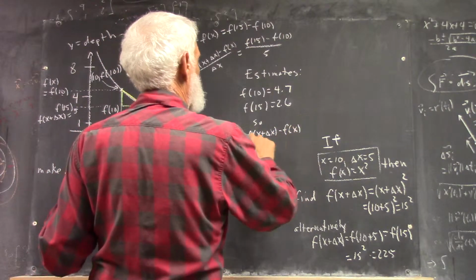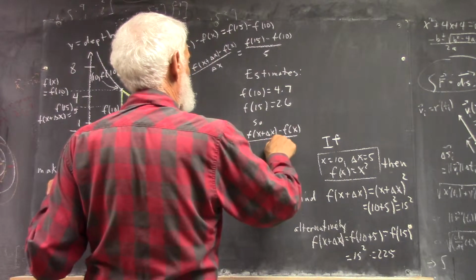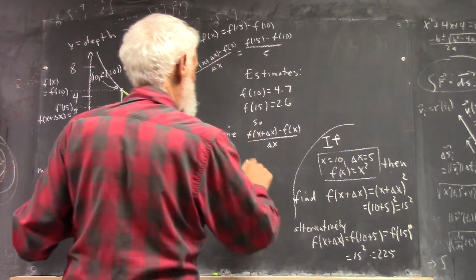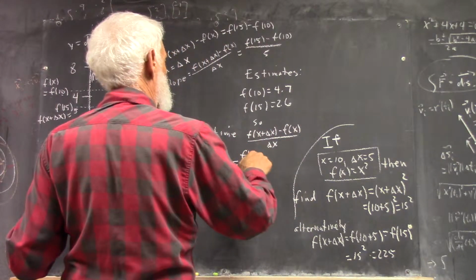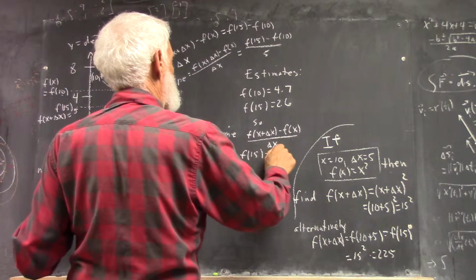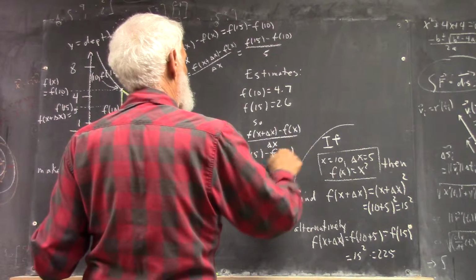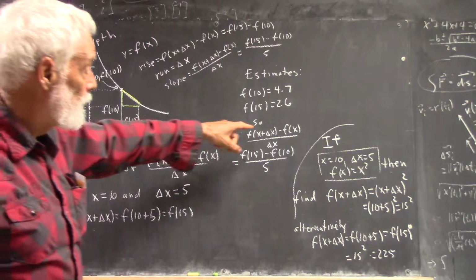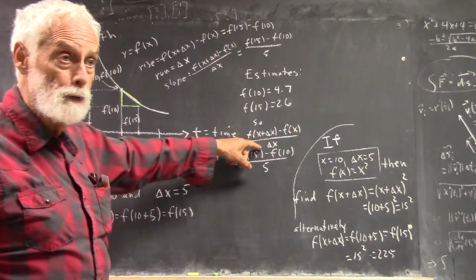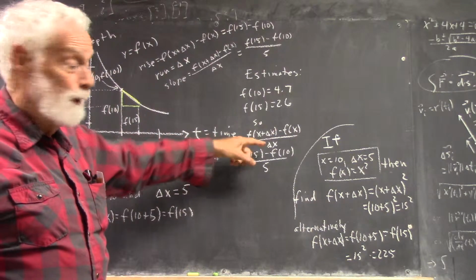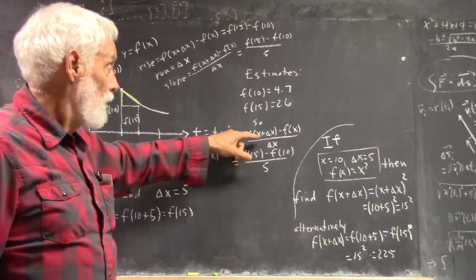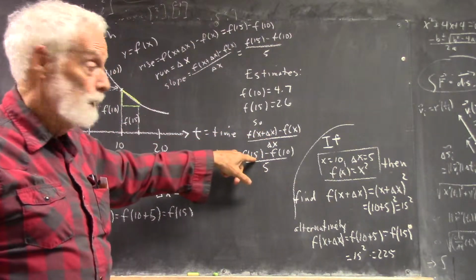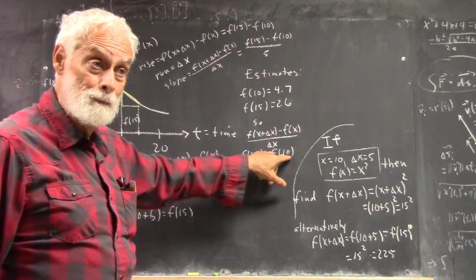So I'm just going to write it down from the beginning, from the expression. I'll start with f of x plus delta x minus f of x over delta x. And then since I know my x and delta x, I know that x plus delta x is 15, x is 10, right?